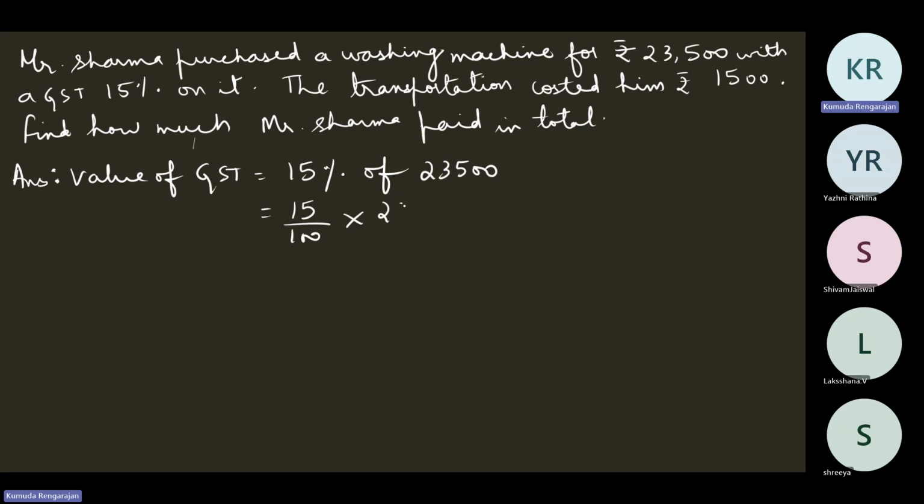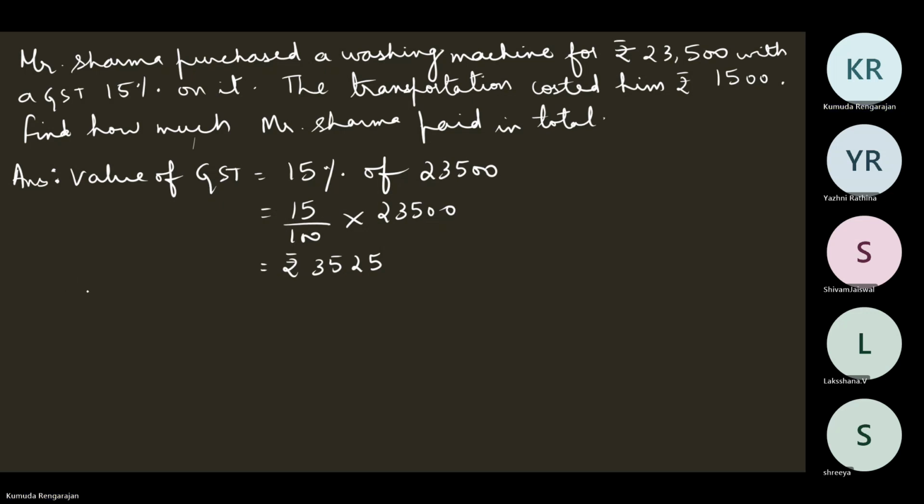Of means into 23,500. So it's 235 into 15. Zeros get cancelled. 3,525 is the answer, ma'am. Yeah. Cancel the zeros, and this is what it is.